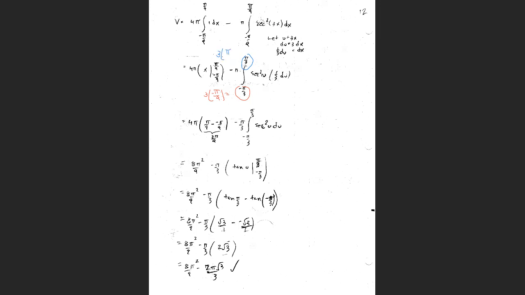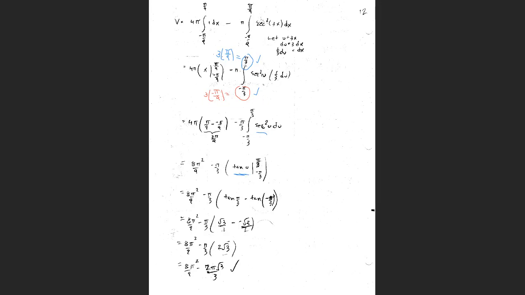And 3 times pi over 9, for the top limit, is pi over 3. So your new u limits are pi over 3 on top, negative pi over 3 on bottom. And the integral is easy. The antiderivative of secant squared of u is the tangent of u. That's one that you should always know.